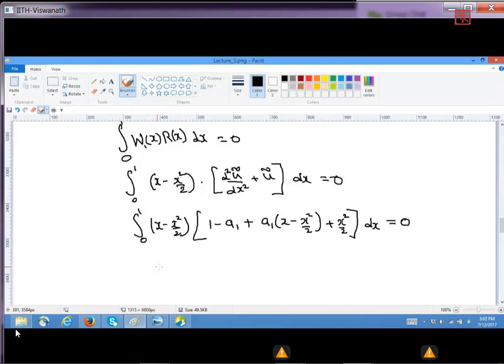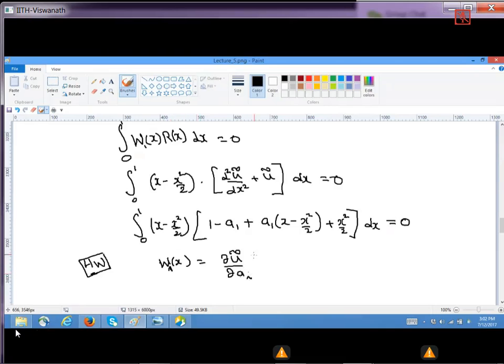So one can again multiply it. Anyway, I will not do this calculation; I will leave it as homework for you. You try it out, because it's a simple integration that will kill our time. The only thing here we need to understand is that for the Galerkin method, w of x i is defined as dou u tilde by dou ai.